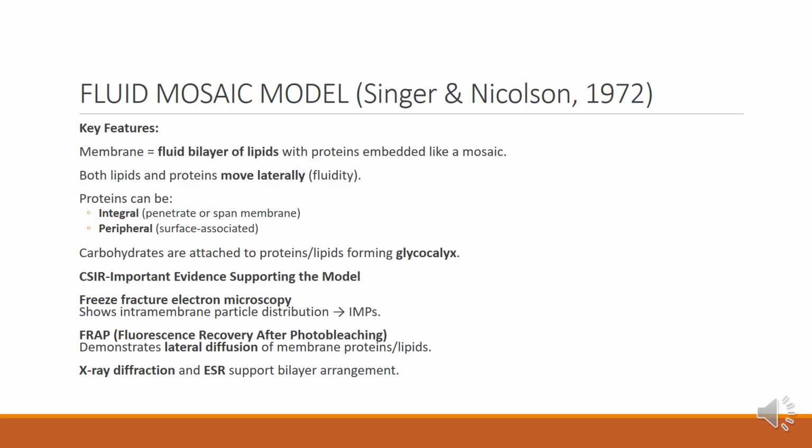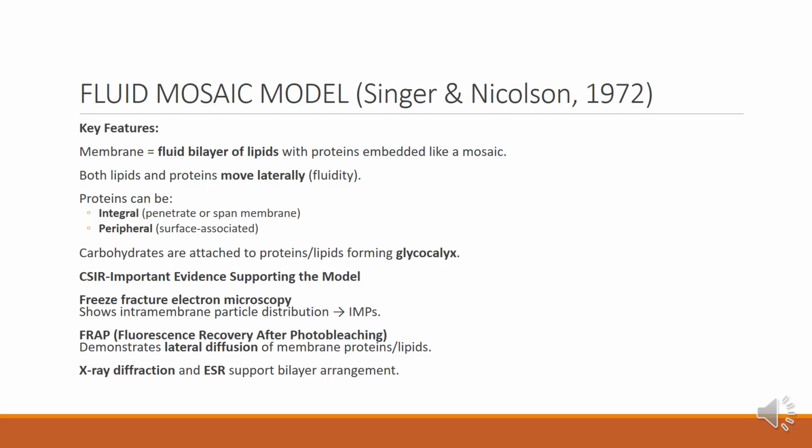The key features include lateral mobility of lipids and proteins contributing to membrane fluidity, then integral proteins that span or penetrate the bilayer, then peripheral proteins that associate loosely with the membrane surface, and then carbohydrates attached to the proteins and lipids forming the glycocalyx.